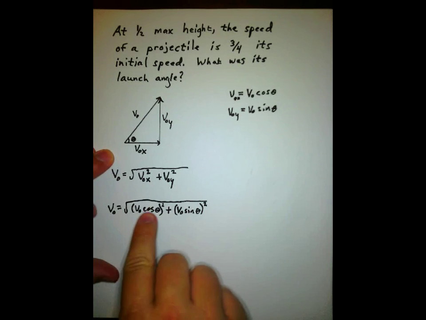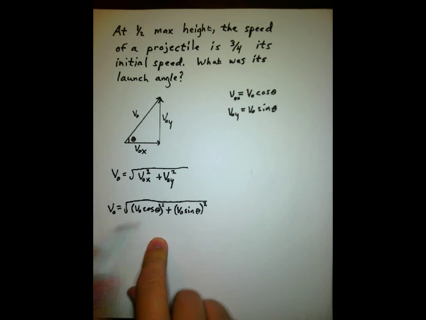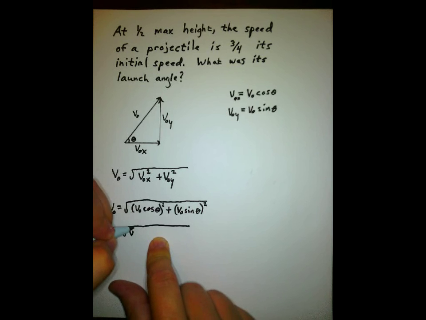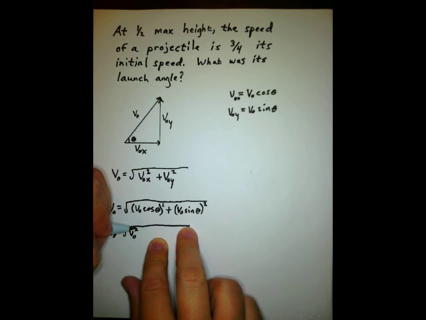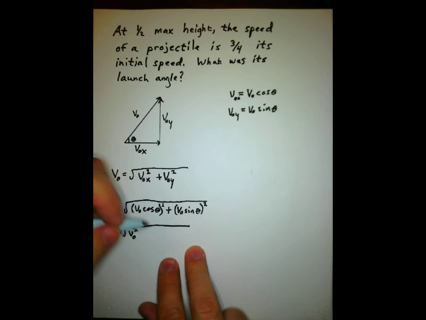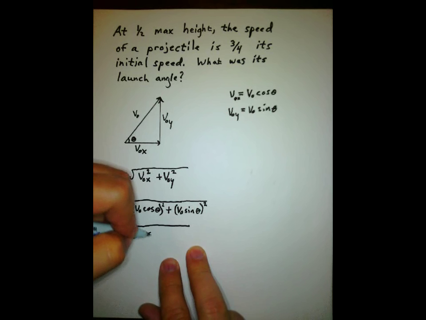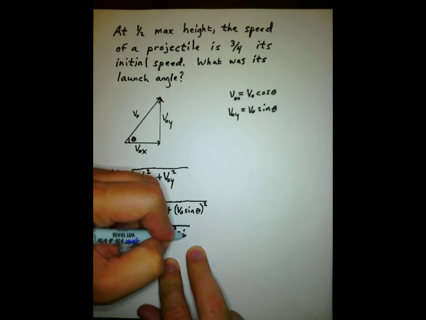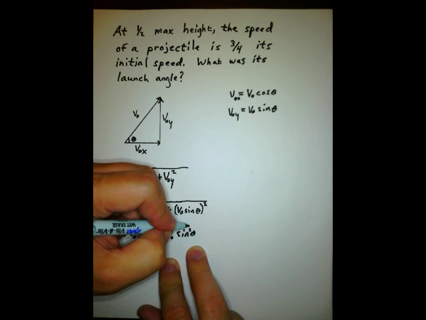Since these are multiplied, I can distribute the exponent. That gives us v naught squared cosine squared theta plus v naught squared sine squared theta.